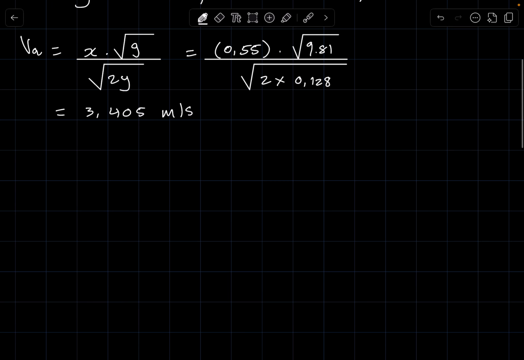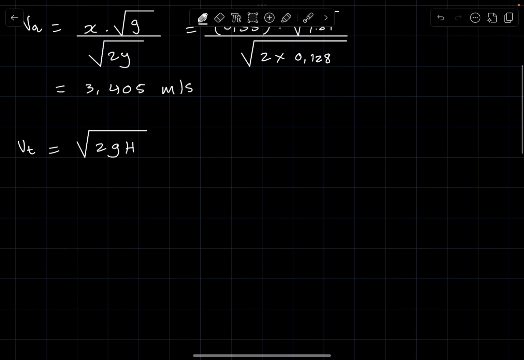Right, now you calculate your theoretical velocity. Your theoretical velocity is equal to the square root of 2g times the constant pressure head, or constant water head, right, and then now you substitute.